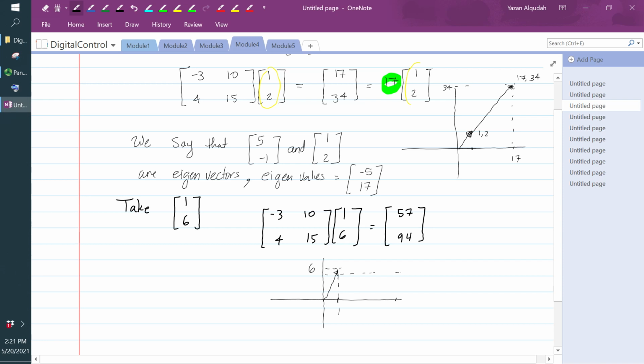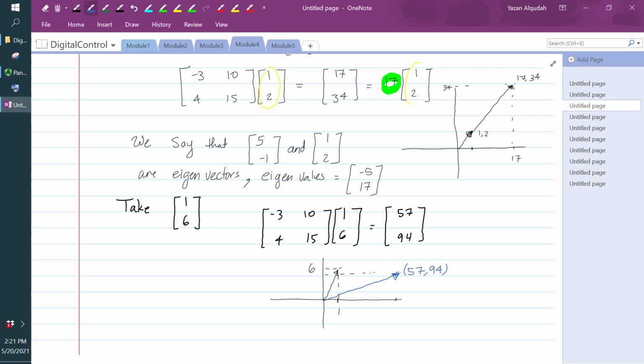So therefore the result is going to be along this line. So this is my 57 and 94. And therefore you can see that the new vector is not located along the original vector, and therefore 1, 6 is not an eigenvector of the matrix A.